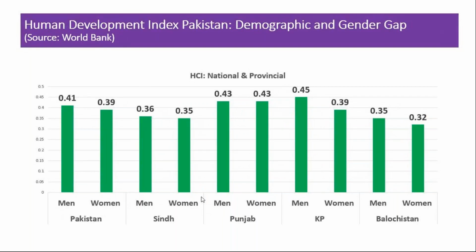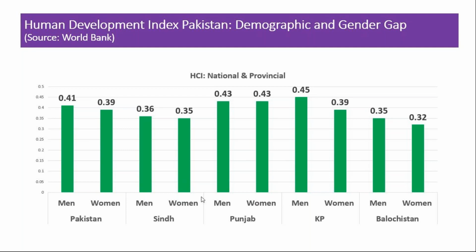Now let's talk about the Human Development Index in Pakistan, in terms of demographic and gender gap within the country. This is a comparison of gender and within provinces. If you look at the first two bars, Pakistan, men versus women, we can see that women are at a lower level of human development. Likewise in Sindh; in Punjab it's a little bit similar.